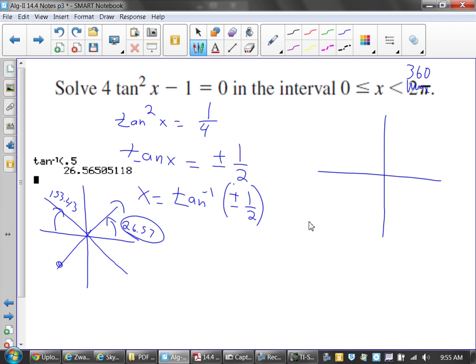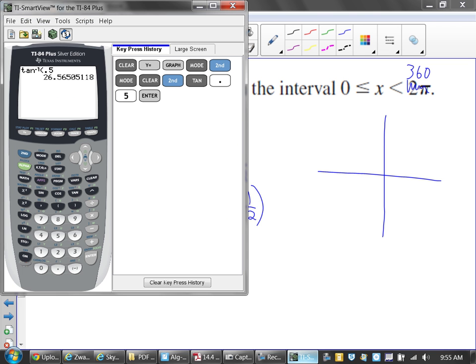Now, if I switch this to radians, it's giving me what we would normally use as some fraction, but the calculator is spitting out a crummy decimal. So switch your calculators to radians real quick, and we're going to do the exact same stuff. You can just hit enter again.